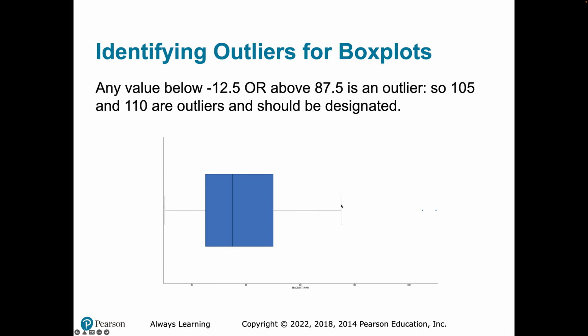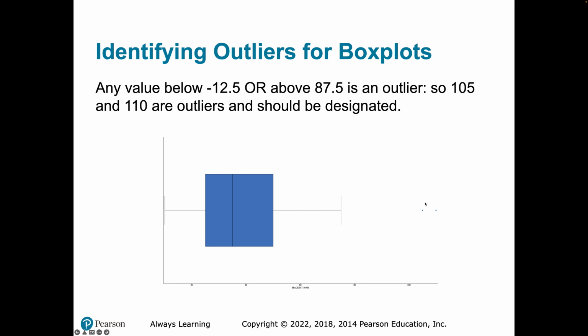Now, what's this value right here represent? Well, if I scroll all the way down, I can see that this is about 75, maybe, something close to that. So this 75 minute wait time is the highest value in our data set that is not an outlier.